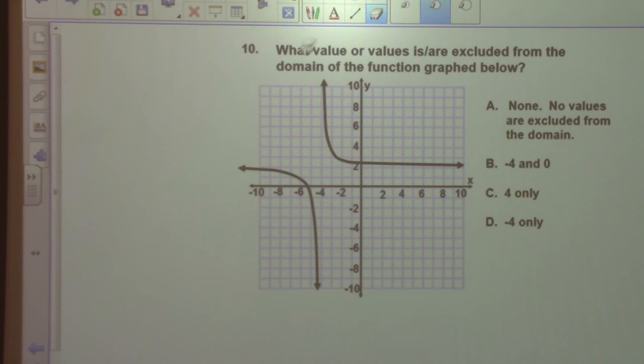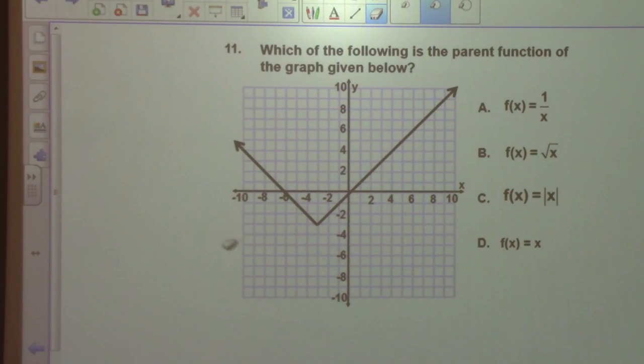Okay, this one, 10, is going to be D, -4. You have a vertical asymptote, which is your discontinuity, excluded value. This one here, 11, is going to be C. This is your parent function.